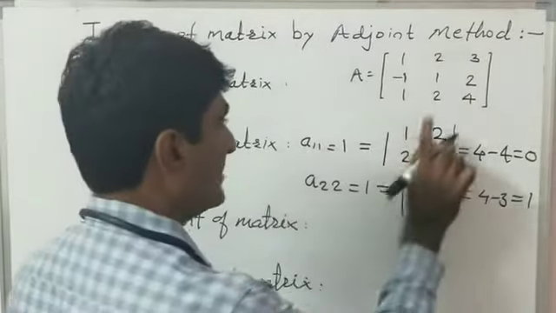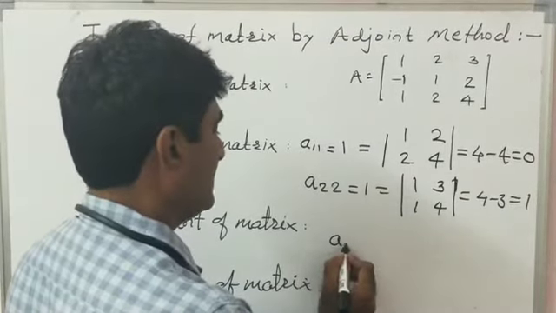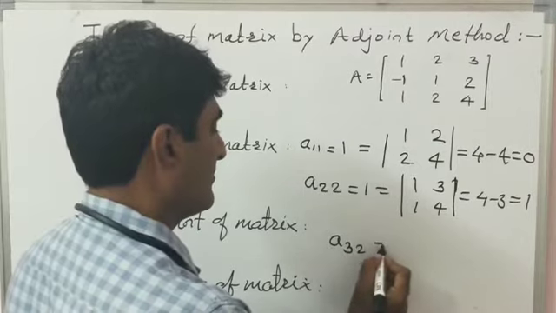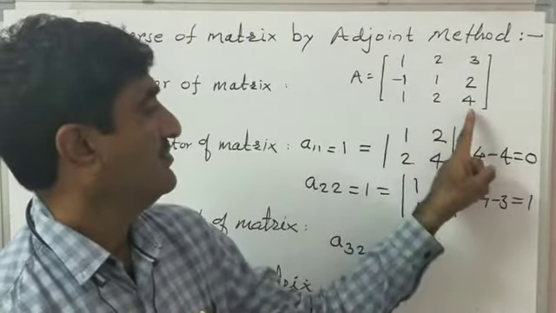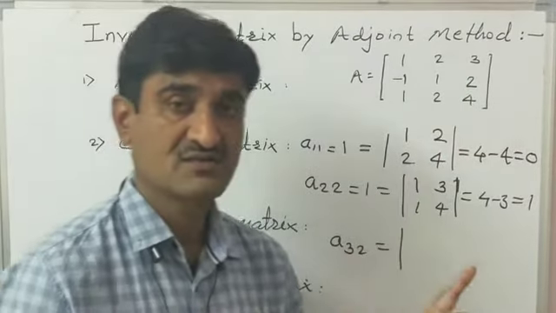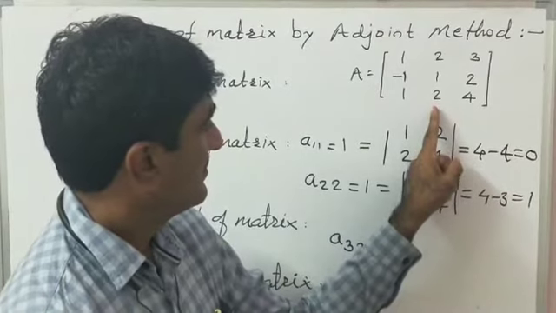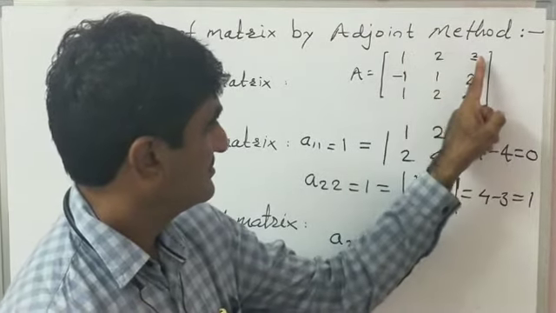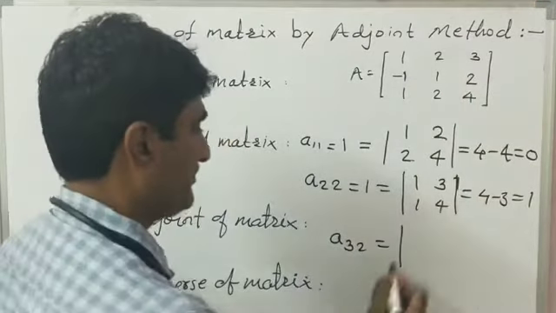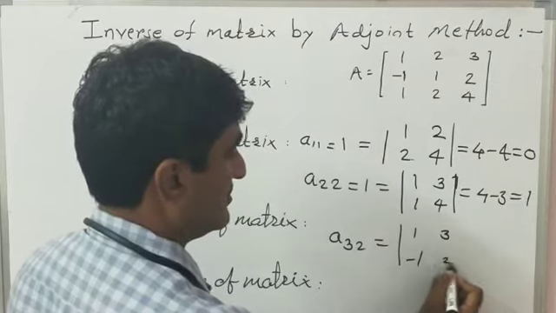Now consider this element. What is this element? Third row, second column. Eliminate the third row and second column. What remains for this element is 1, 3 minus 1, 2.